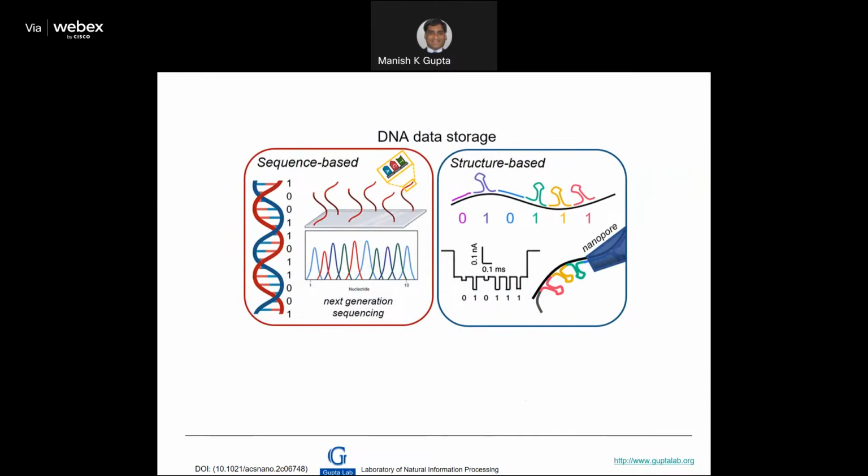So basically, you put a hole using an enzyme known as a restriction enzyme, which can put a hole in the DNA phosphate backbone. Okay, so if there is a hole, it means 1. If there is no hole, it's 0. No, not on ACGT, on the phosphate backbone. ACGT is a base pair. There is a phosphate backbone. If you look at the DNA structure here, let me show you.